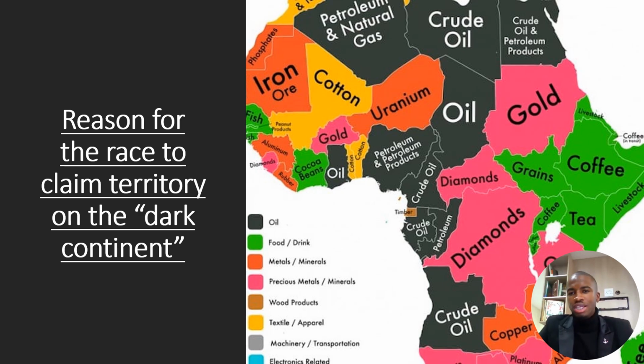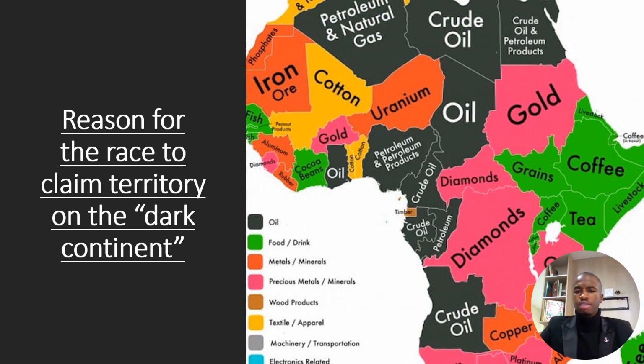Therefore, these minerals were the reason why European countries saw the need to quickly rush and claim territory in the dark continent, as they referred to Africa. They called Africa the dark continent because they believed that the people were practicing cultures that were considered taboo, dark and unholy.